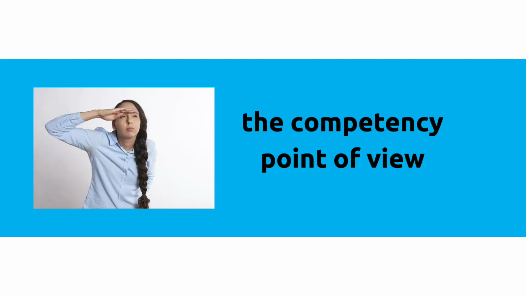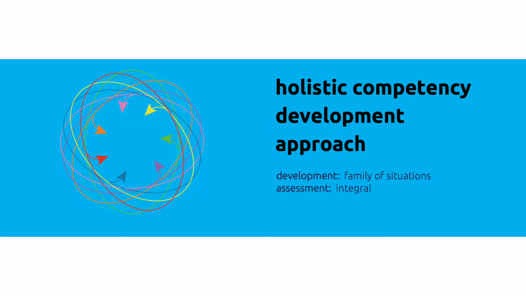Since the target of instruction in competency-based programs is the development of competencies, we'll adopt a competency point of view at first. A holistic approach to developing a competency, whether in a single course or a series of courses or even a set of courses, lends itself well to a competency-based pedagogy where a competency is developed integrally in a family of situations.